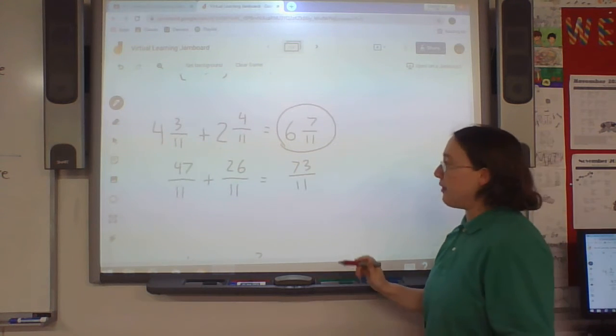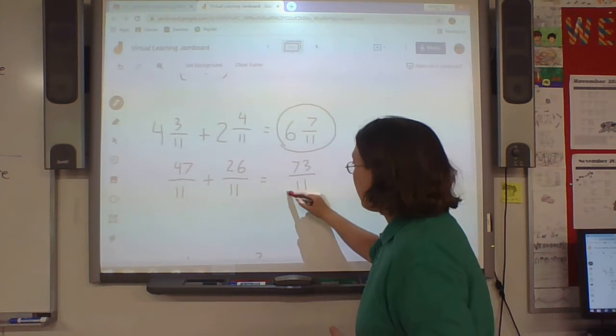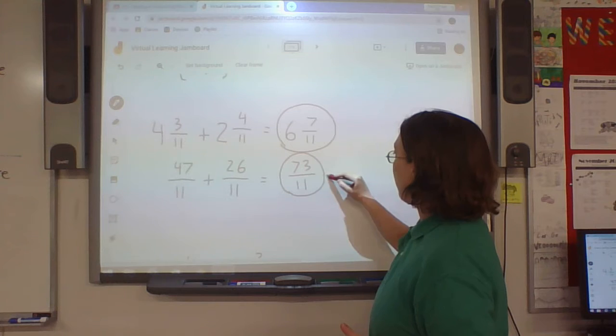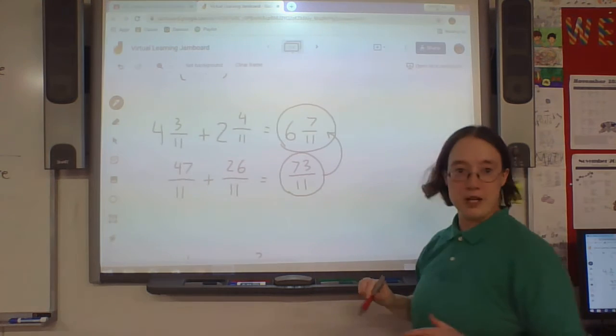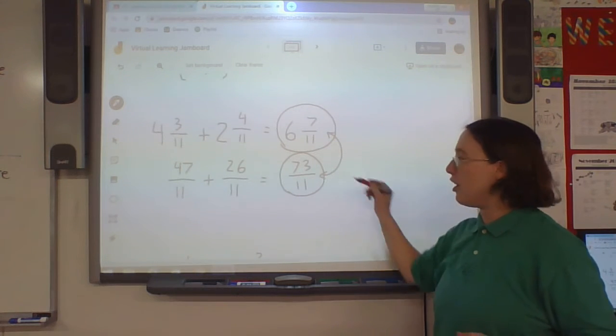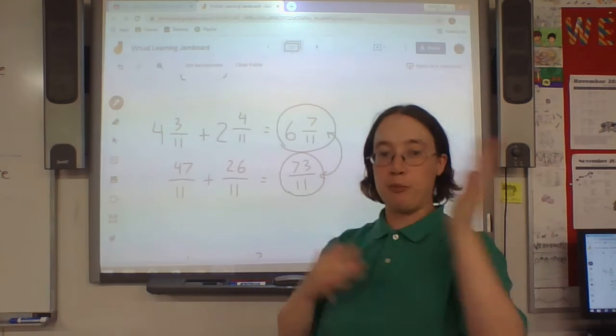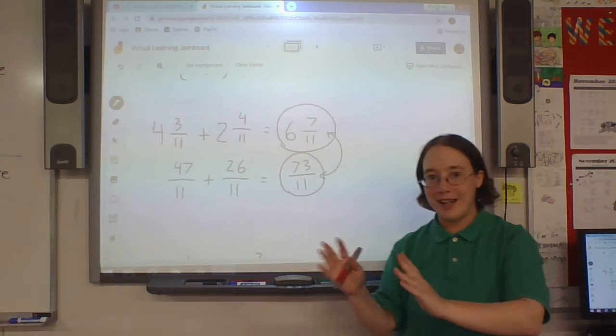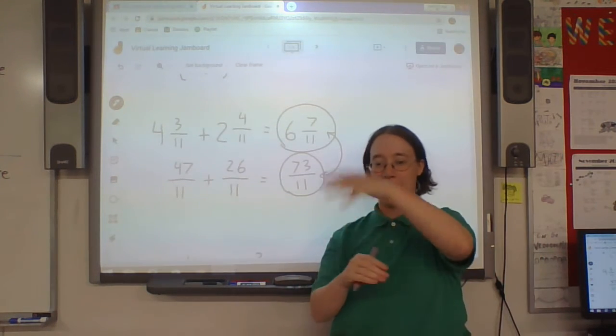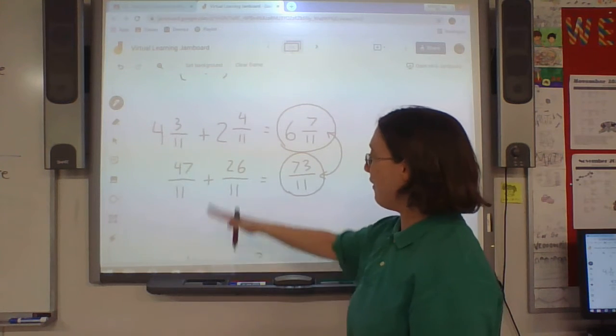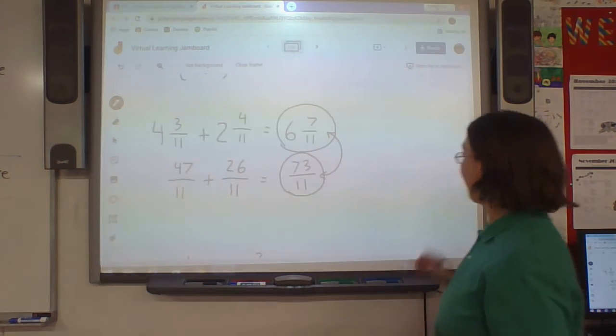If you leave it like that, that's fine. If you mixed numberify that back into 6 and 7 11ths, that would also be okay. So either one's okay there. Mixed numbers are okay, improper fractions are okay. We just don't want to end up with an improper fraction inside of our mixed number, which is why this is sometimes going to be nicer than this.